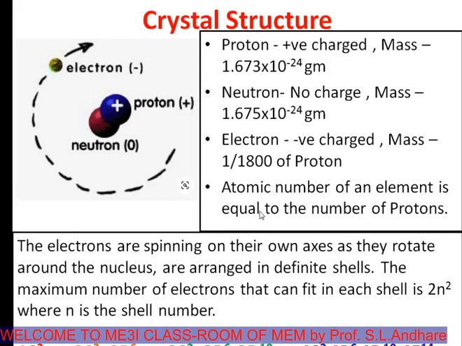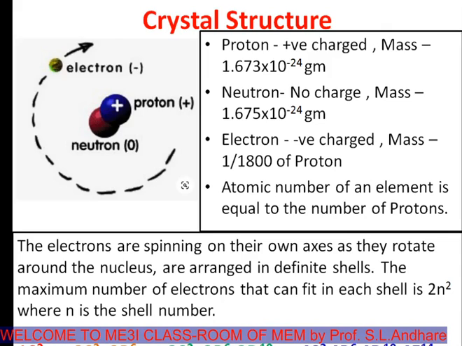And one more thing which you might have already studied: the atomic number of any element, whether it is metallic or non-metallic, is equal to the number of protons. You might have heard about the periodic table.